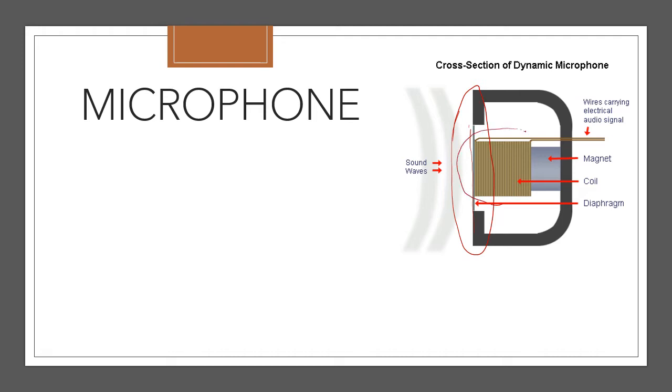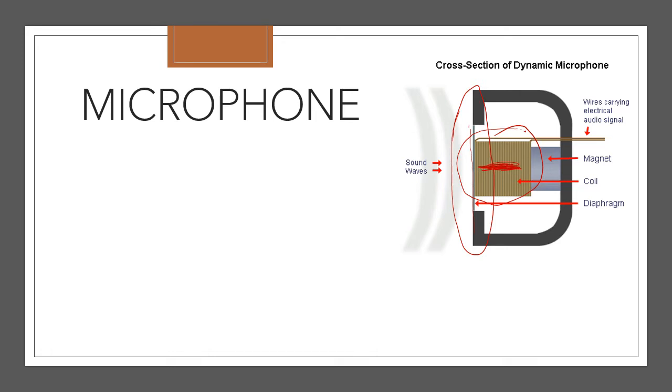The diaphragm is attached to a coil, so when the diaphragm vibrates, the coil also vibrates forwards and backwards. You can see a magnet, and the coil is moving in that magnetic field.